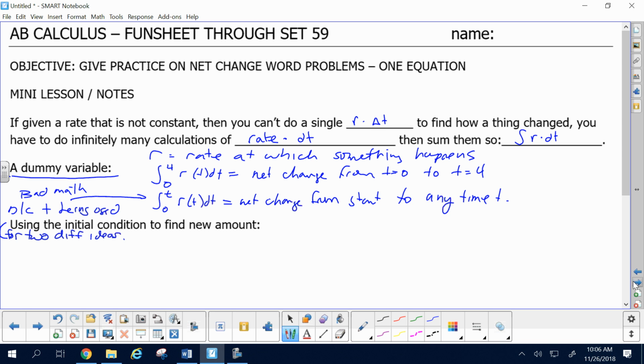And it's also used to say up to the whatever endpoint. Now, because that can't be used twice, we create what's called a dummy variable. We're going to use a dummy variable inside the integral.